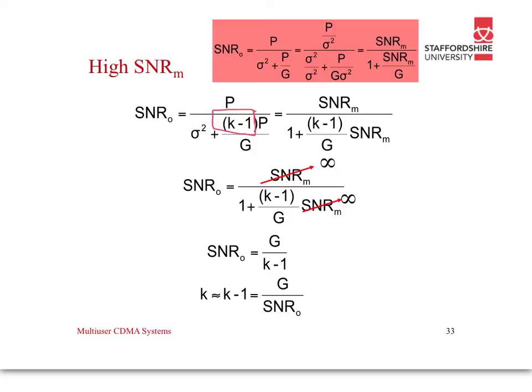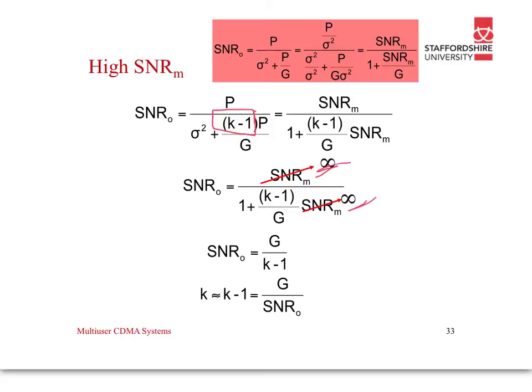If we put that into the equation, we're saying we've got a very high signal to noise ratio of our message. So if we're tending to infinity here, then infinity divided by infinity is going to cancel.